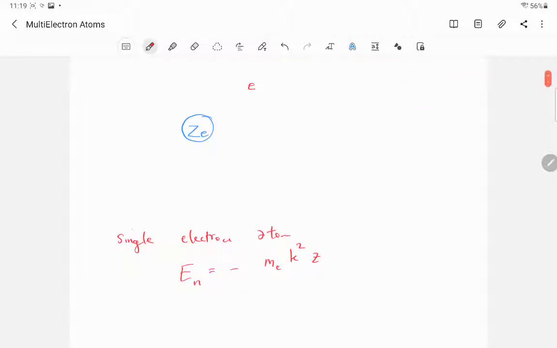The proton number comes in squared. And then the fundamental charge of either the proton or the electron comes in to the 4th power. Then you divide by twice h bar squared, and then the principal quantum number squared.